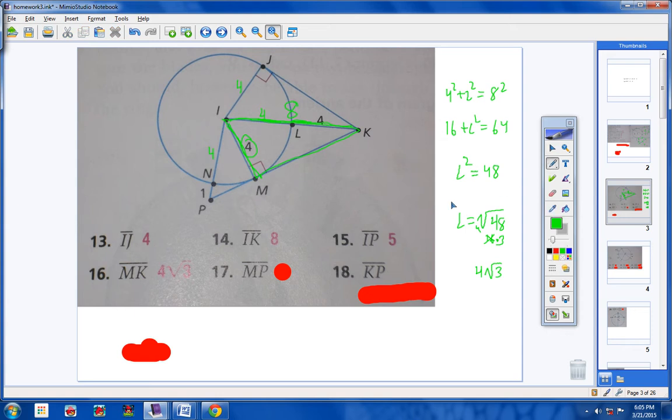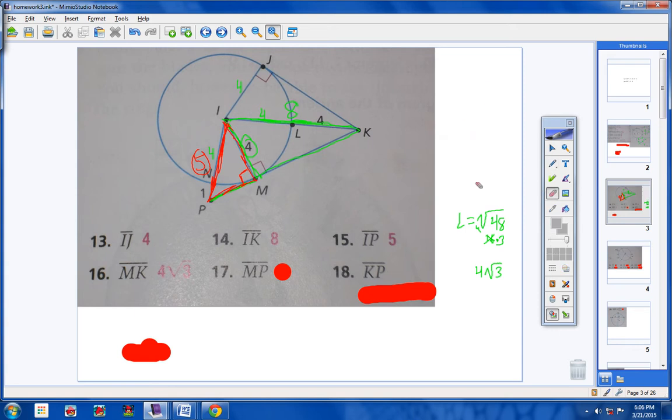Number 17, MP. Well, here's M to P right here. Well, guys, once again, we got a right triangle, do we not? I'm going to highlight this right triangle in red, okay? There's a right triangle right there. Okay? So, let's see what we got here. The hypotenuse is 5. 4 plus 1, so this whole length right here is 5. That's your hypotenuse. This length here is 4.